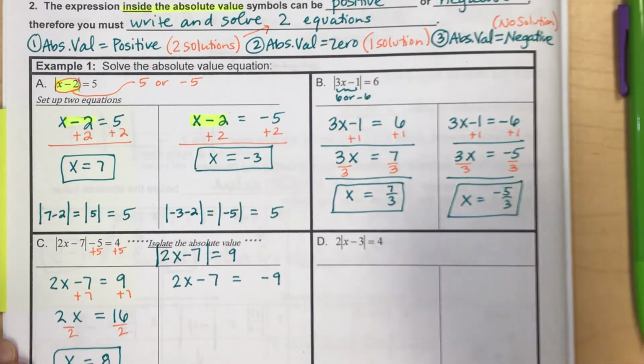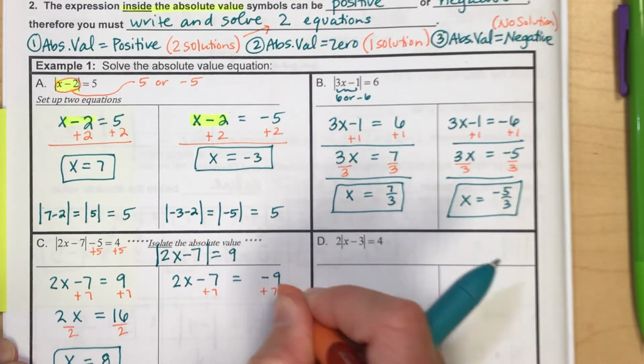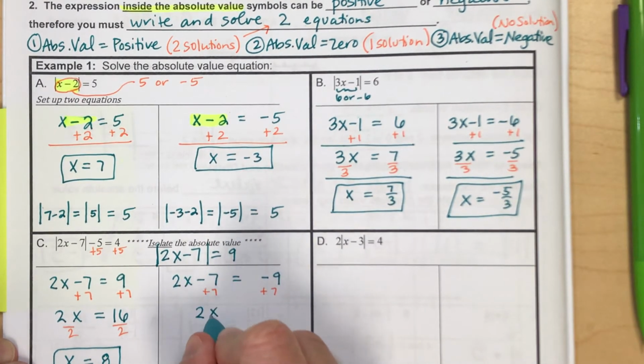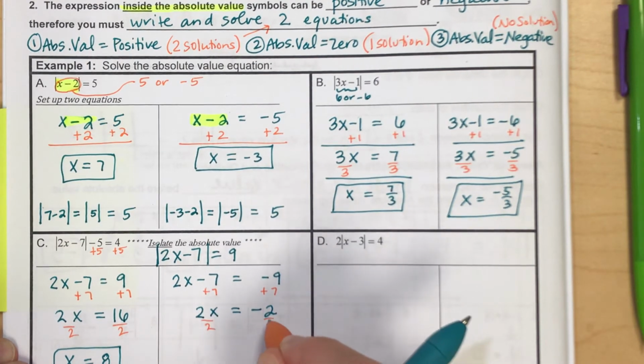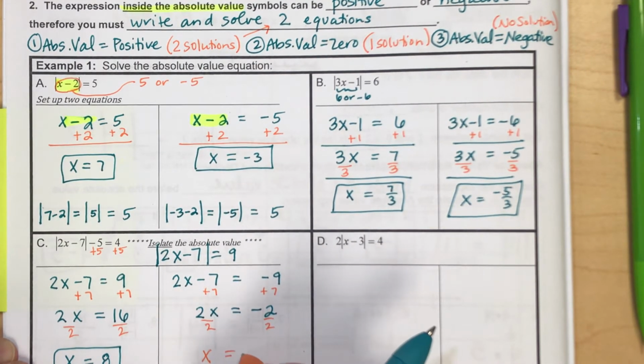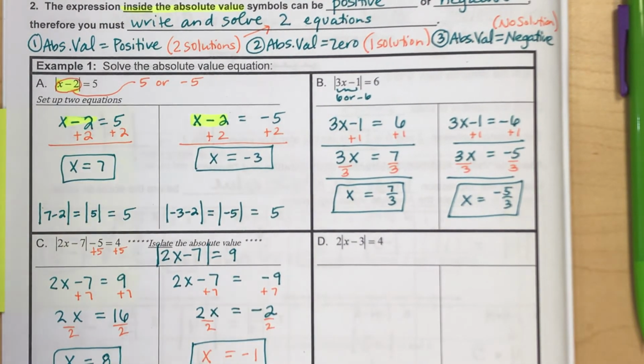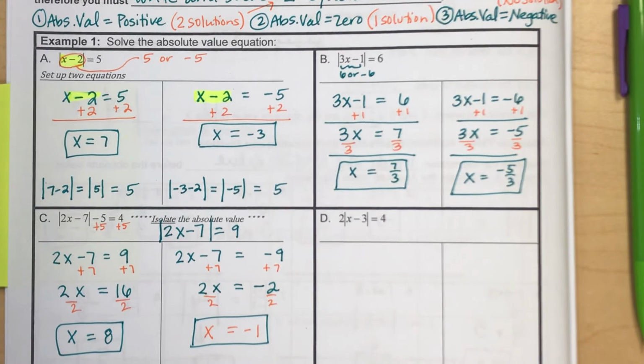And over here, if I add 7 to both sides, I'm going to have 2x equal to negative 2. And if I divide both sides by 2, I get a solution of negative 1. Oh, here, let me raise that up just a little bit.